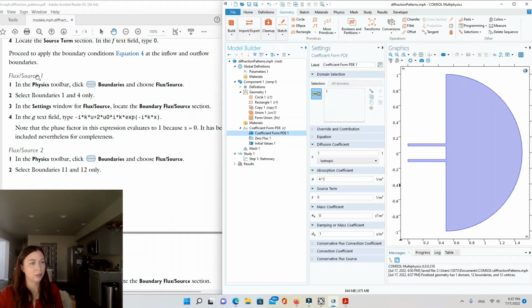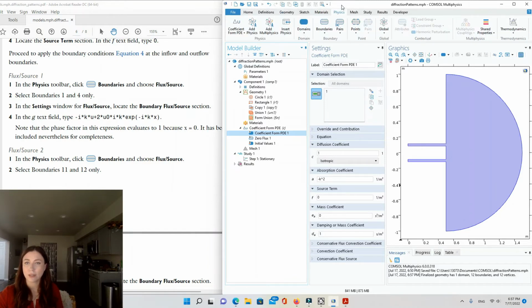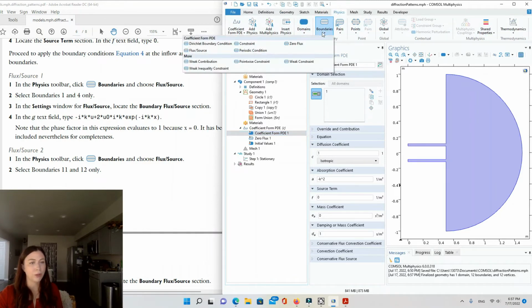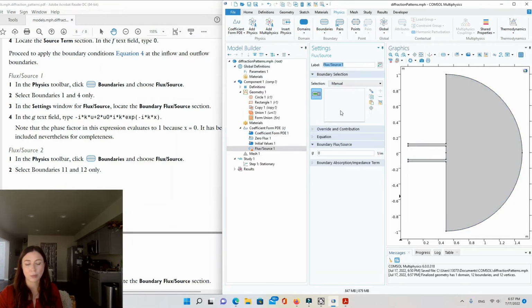Alright, so now we're ready for our flux source 1 condition. In the physics toolbar, click boundaries, and choose flux source. Select boundaries 1 and 4 only. That is our inflow at the beginning of each of the 2 slits.